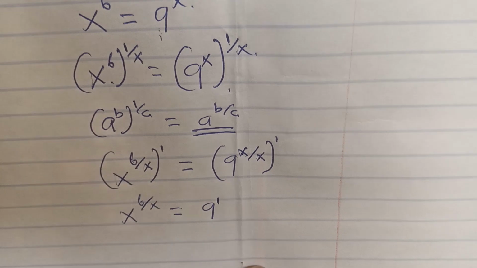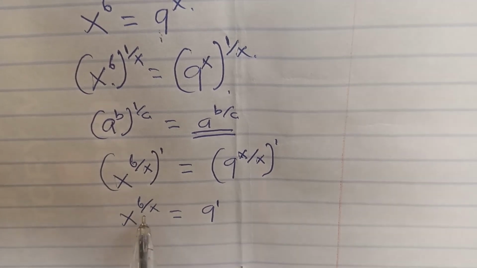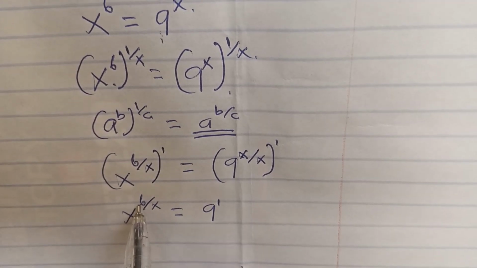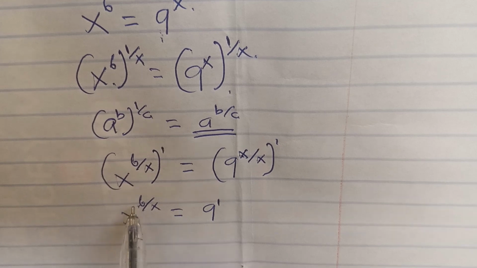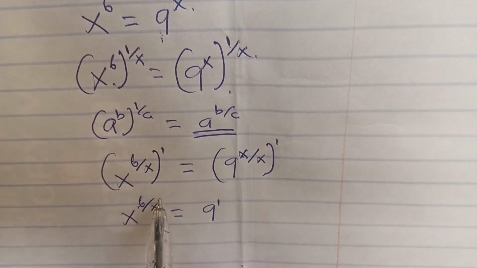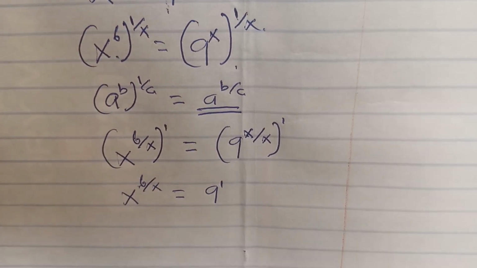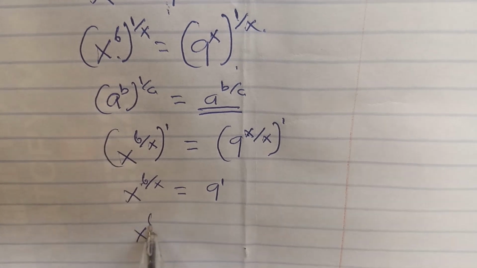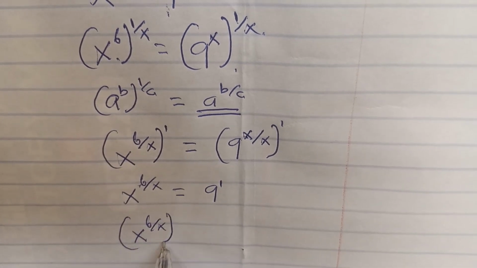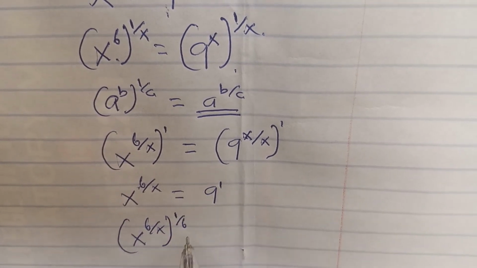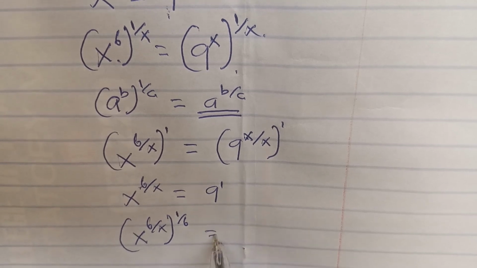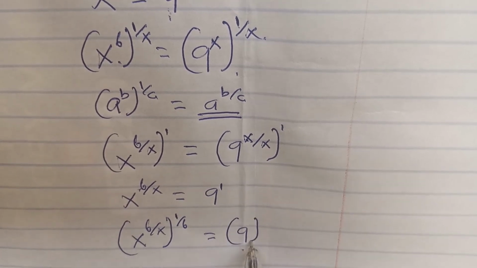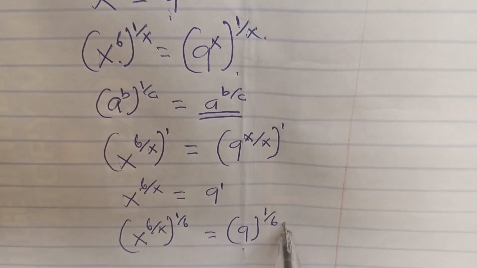The next thing I'm going to do is to remove this 6. If I want to remove this 6, I will take the power of 1 over 6. So if I do that, I'm saying x to the power of 6 over x, to the power of 1 over 6, equals 9 to the power of 1 over 6.